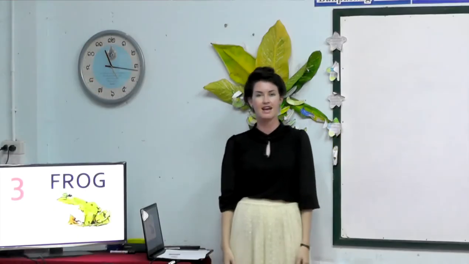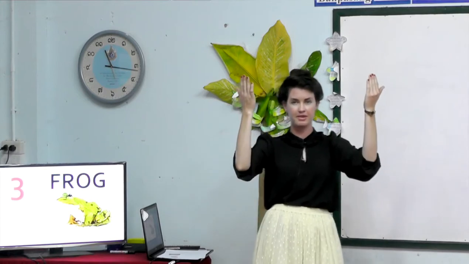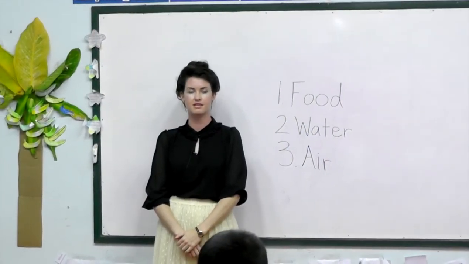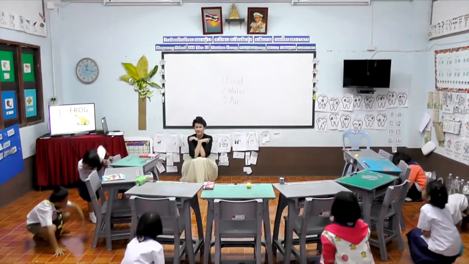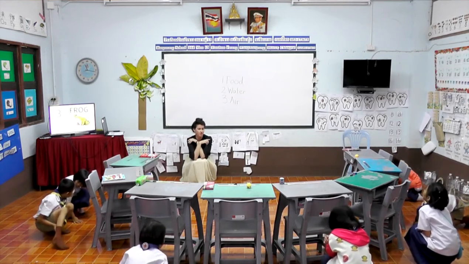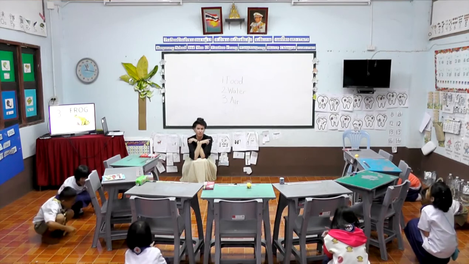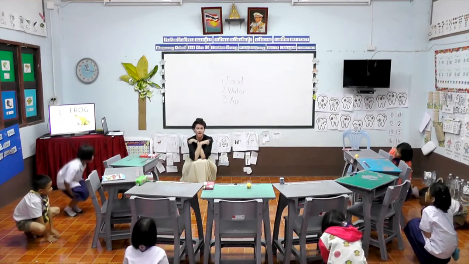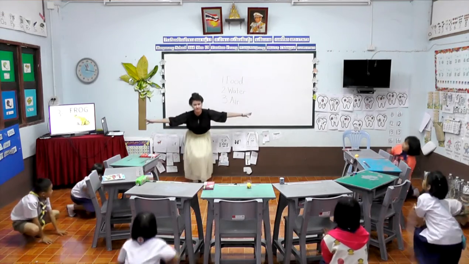Okay. Let's have all our friends stand up. We're going to be frogs. First thing, how does a frog start? As an egg. And then, when the egg breaks open, what is that word called? Hatch. Break out of your egg.